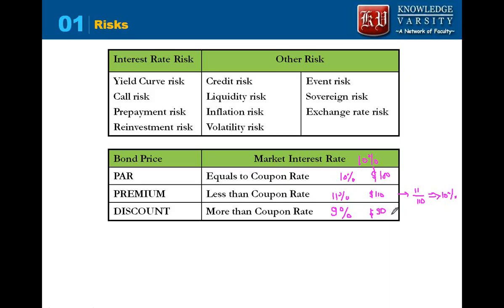Same can be seen over here. This I have taken for 1 year. For bonds having maturity of more than 1 year, these prices will be varying. But the return that you are getting over here is 10% only, so this will be happening in all the cases.